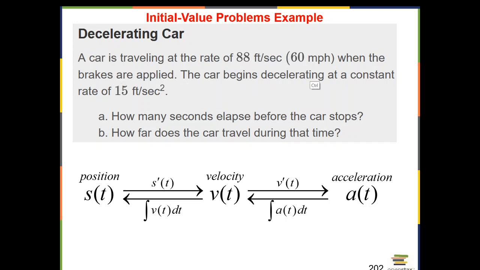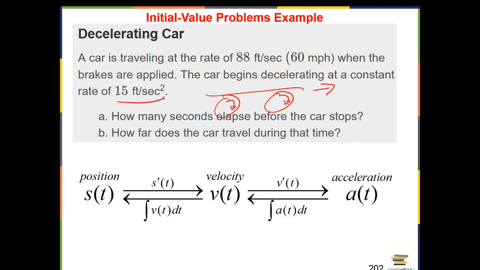When the brakes are applied, the car begins decelerating at a constant rate of 15. So this is the acceleration, but since it is applied by the brakes, let's say you have a car that is going this way, so the wheels are turning this way.